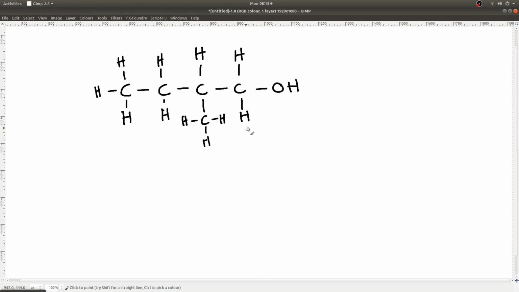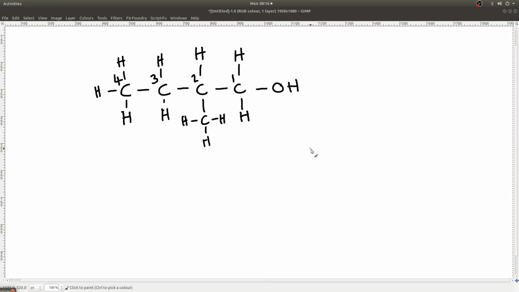What we have this time is a branched alcohol molecule. You can see the alcohol group here, this time on the right of the molecule. So what we're going to do again is number the carbon chain so as to put this alcohol group on the lowest numbered carbon. So I will number it here from the right. 1, 2, 3, 4 carbons.